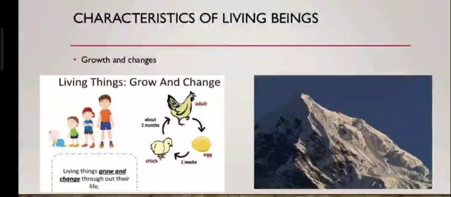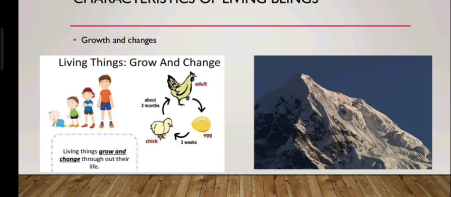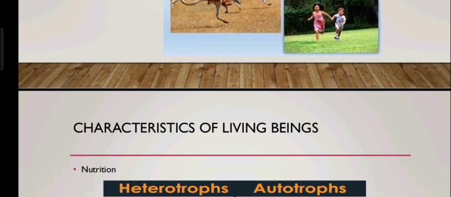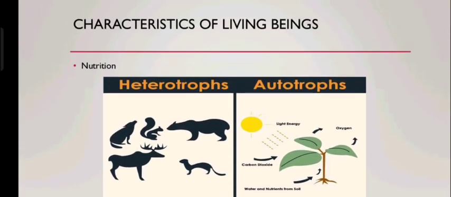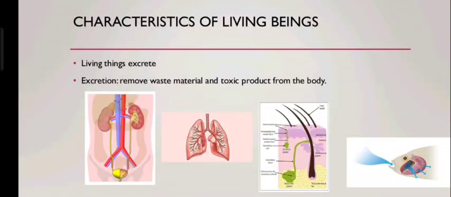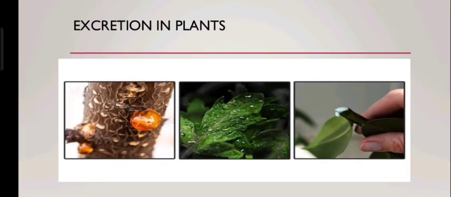The second characteristic is growth and changes. Due to cell division we can see growth. The next characteristic is movement. Living things can move, and living things need nutrition. Living things excrete using special organs like kidneys, lungs and sweat glands, removing waste material from the body.